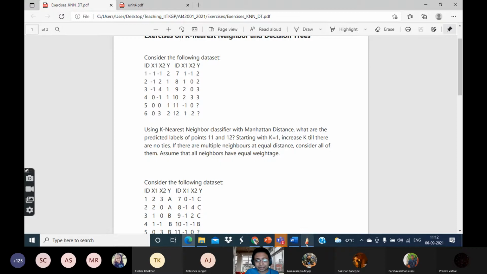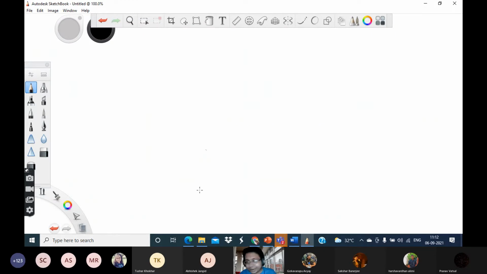By the way, regarding Manhattan distance, I guess all of you know. So Manhattan distance is defined as follows. Suppose you have two vectors, say this is V1 and this is V2. Both are d-dimensional vectors, right? So there are d dimensions.